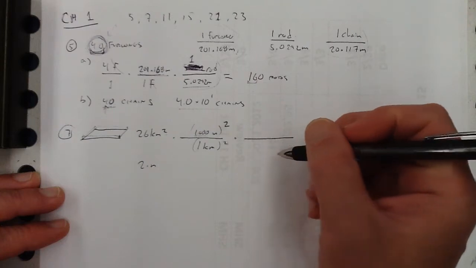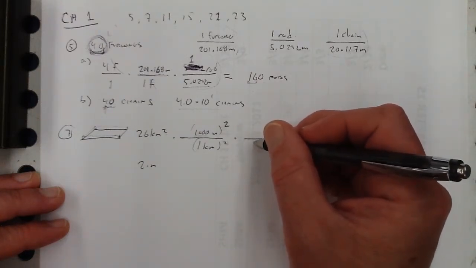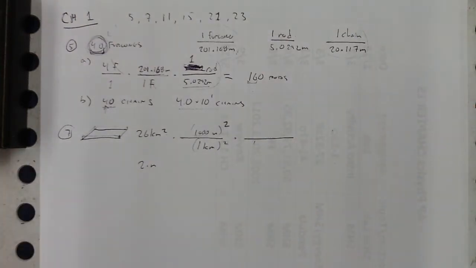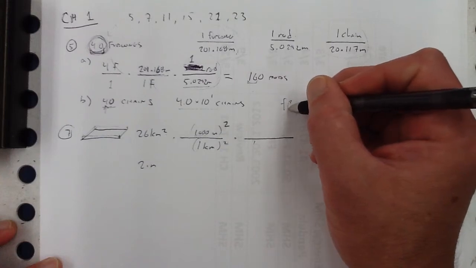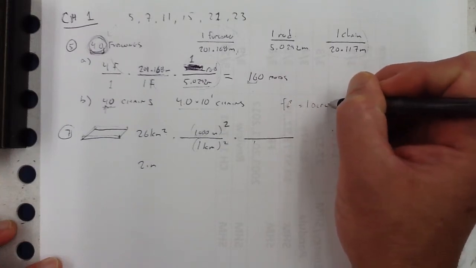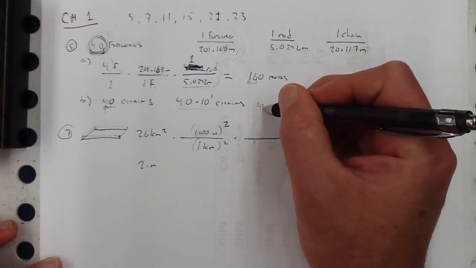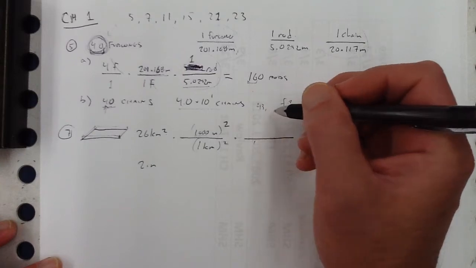And then I think I knew at one point how many square feet there are in an acre. It's something like 43,460?